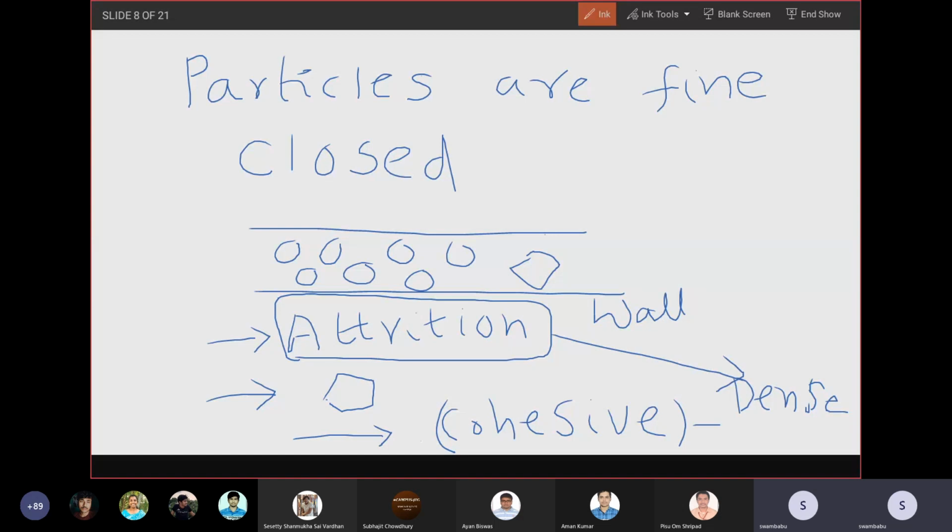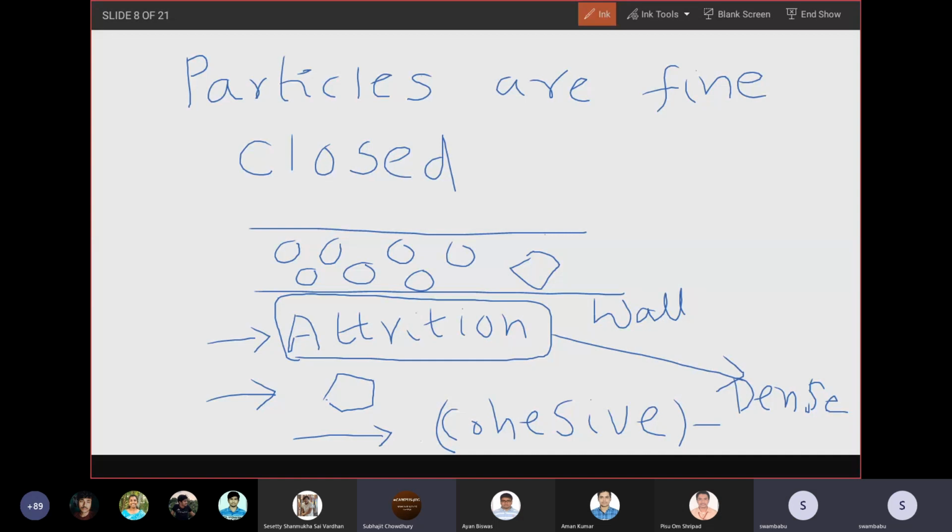If the solids are cohesive, by default it will go through dense pneumatic transport. If the particles are not cohesive and you don't worry about attrition rates, we prefer dilute pneumatic transport. Did I answer your question, Subhajit?